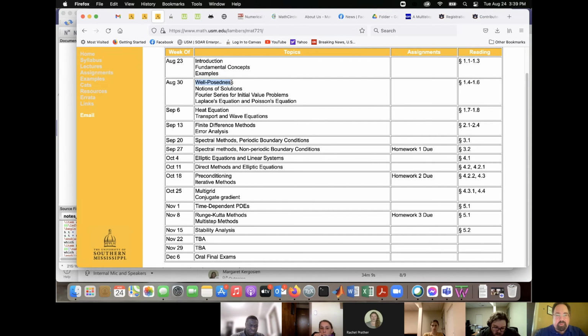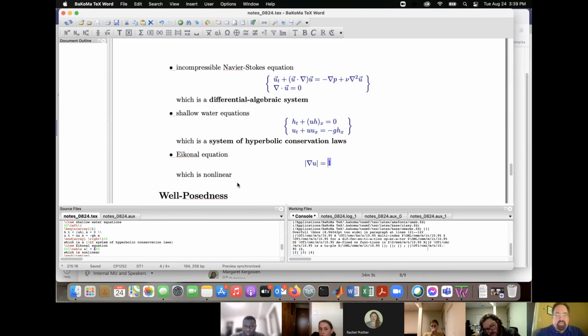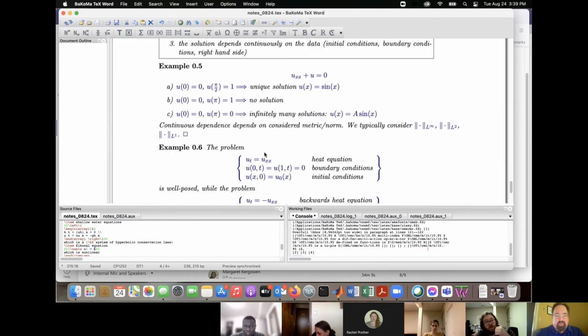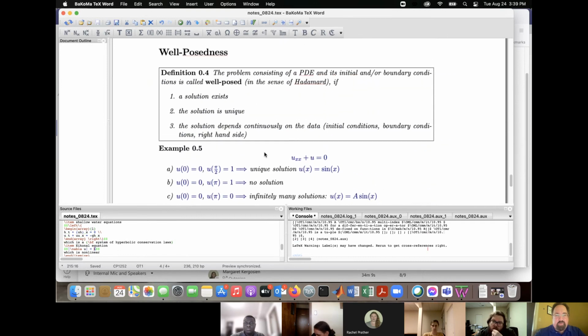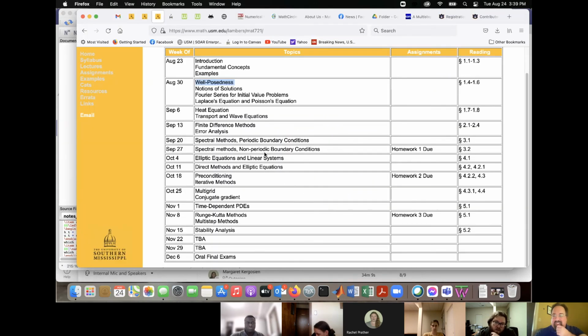Although this topic, well-posedness, is actually supposed to be moved up to this block, and you can see that's the next thing I'm going to cover. I don't have a whole lot on that, and I have no more to cover for the week. So that could be a problem, especially since we haven't gotten into homework just yet.